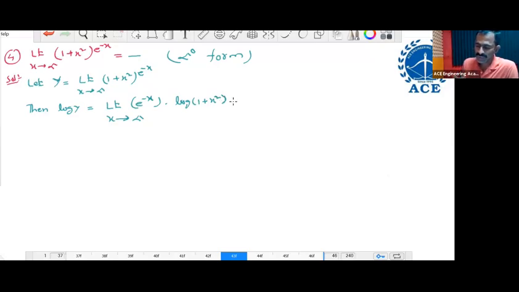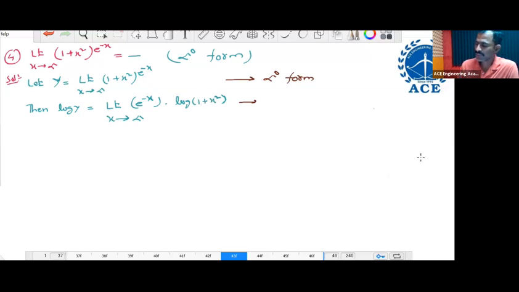This is in the form of m into log x. Now this is in the infinity power 0 form. It is e^(-infinity) which is 0, and log of 1 plus infinity squared, which is log infinity, infinity.